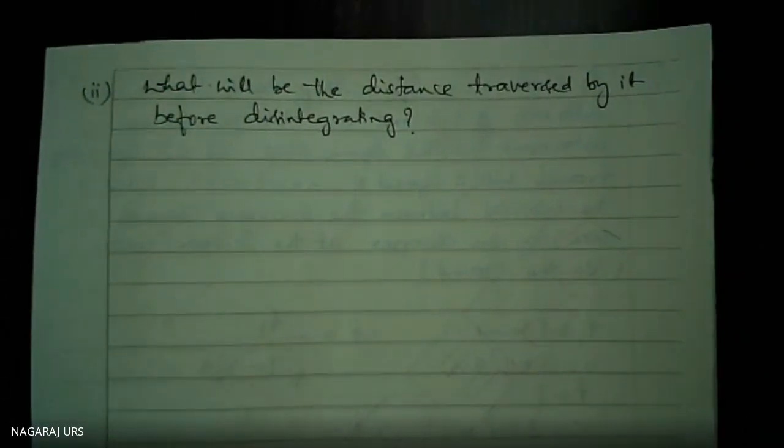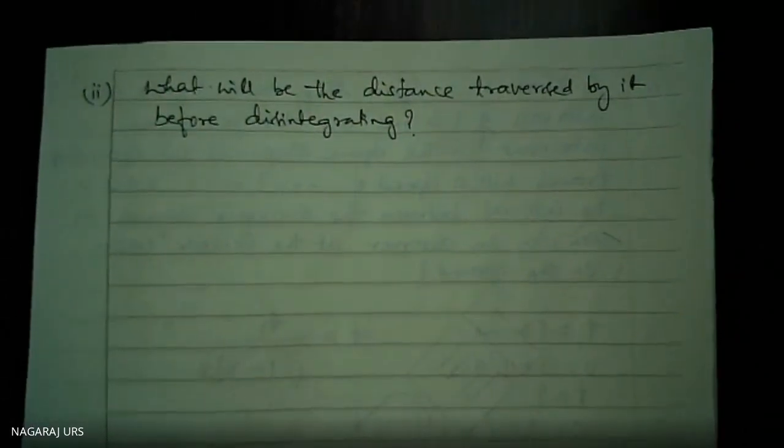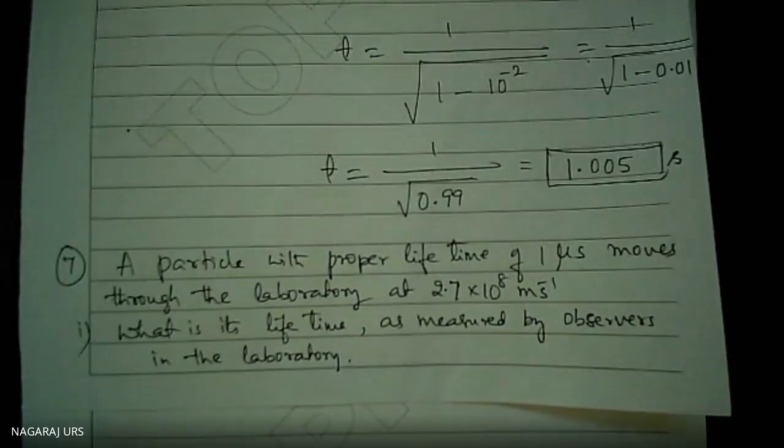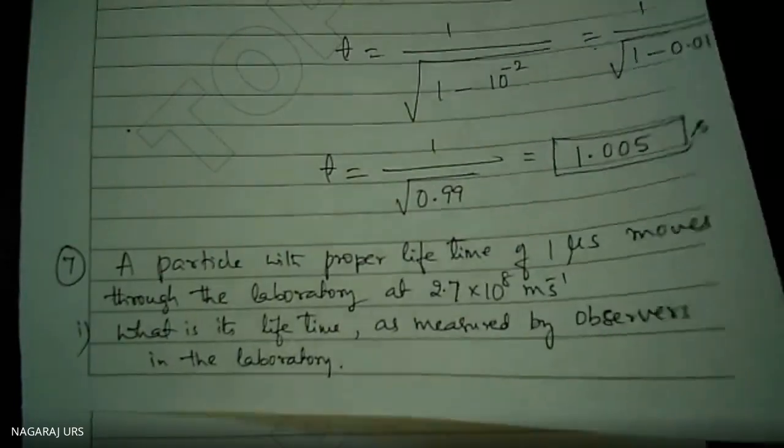Yes, read the question. To read the question properly, a particle with proper lifetime. You read it. I told you already how to solve the problems. First, you have to read 2 or 3 times. Understand the problem completely. What is the meaning of the problem? Then we are supposed to write the data. Once the data is ready, write the concerned formula.